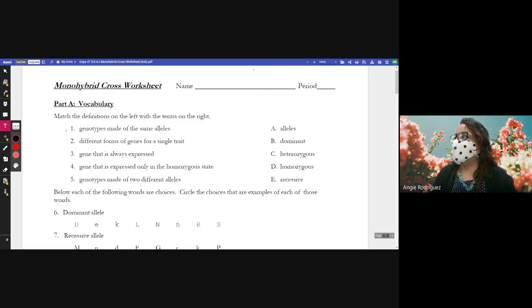All right, part A, vocabulary first. Don't do that, sir, please. Okay? Number 1, genotype made of the same alleles. What do you think that answer is? So the one with the same letters.